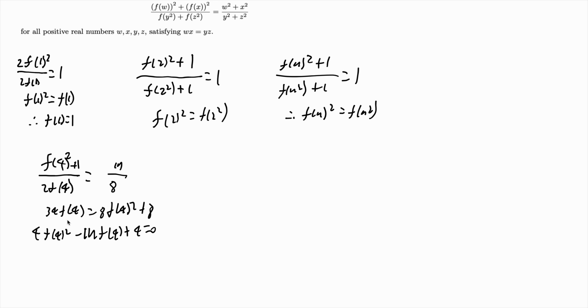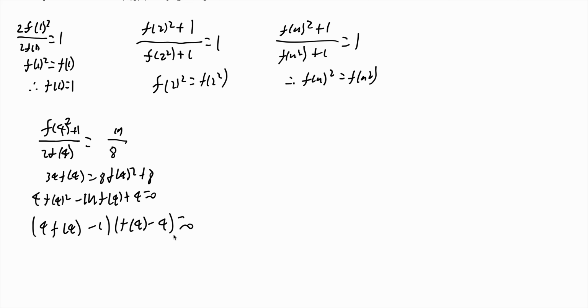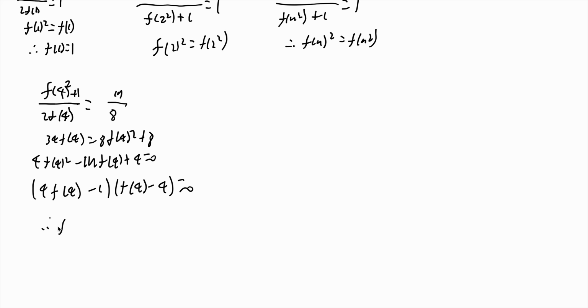Factoring, we get f of 4 minus 1 over 4 times f of 4 minus 4 equals 0. Therefore f of 4 equals 1 over 4 or 4. So I was like, 4, 4, 4, this is quite interesting.